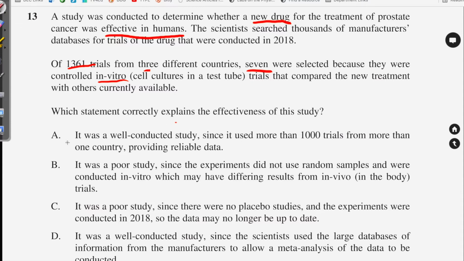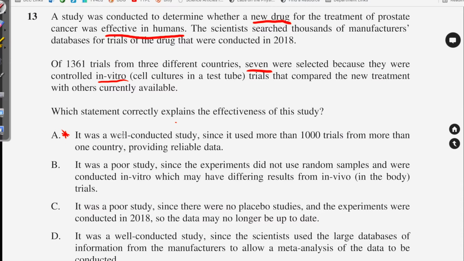if we look at the first part there, it's a well-conducted study since it used more than 1,000 trials from more than one country, providing reliable data. Some people would say, well, that sounds all right, because we're talking about sampling size and saying there's more than 1,000 trials. But if you look up here, it's talking about the 1,300 trials from different countries, so only 7 of the trials were actually done in cell cultures.